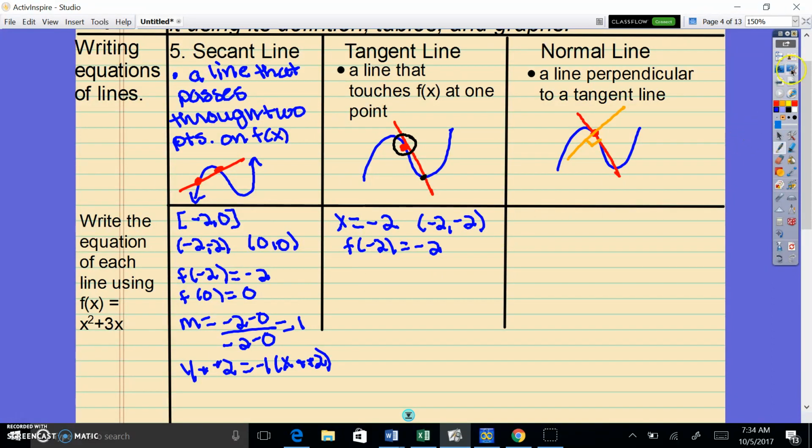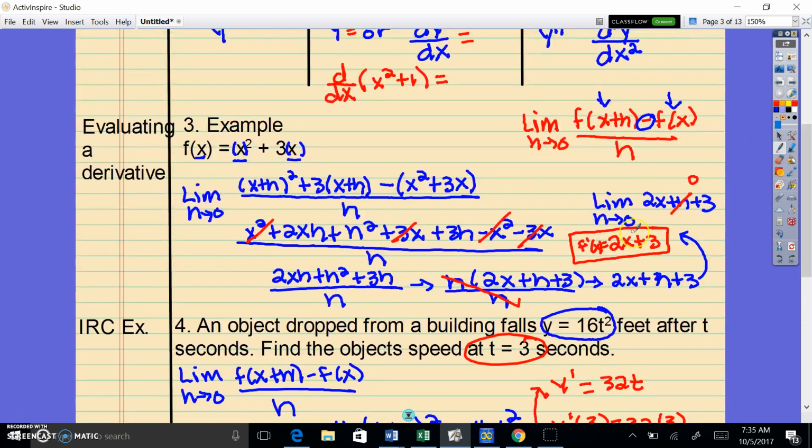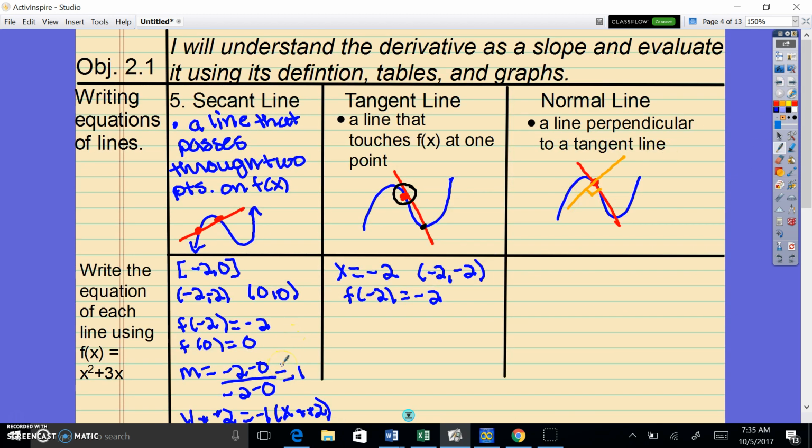And if you remember from the previous notes, we found the derivative for that function to be 2x plus 3. So we already know that. We already worked it out using the definition of the derivative.